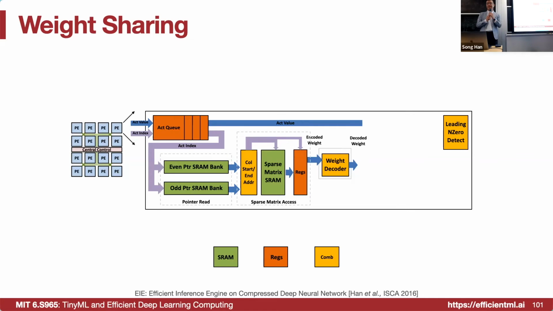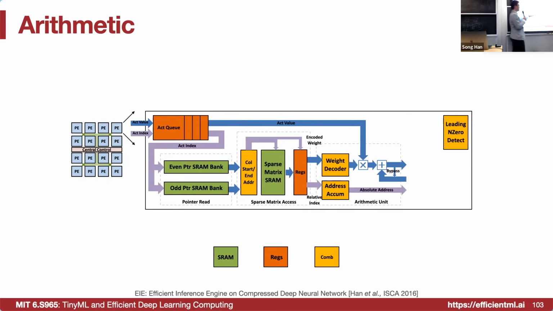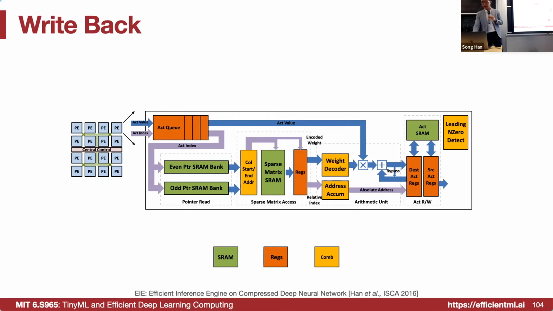We will talk about that in the next lecture about weight sharing and weight decoding. And then for the address, remember we are storing those relative indices. Therefore, we need to accumulate them to get the absolute index. Then we do the multiply-add and also handle the address in parallel. Therefore, we can store it into the corresponding location and update the output.